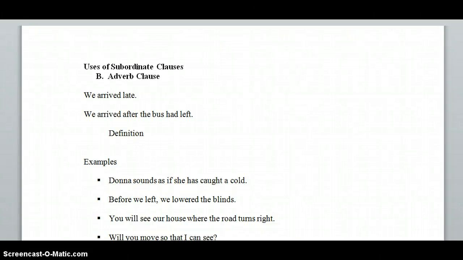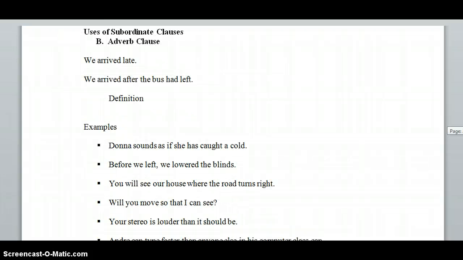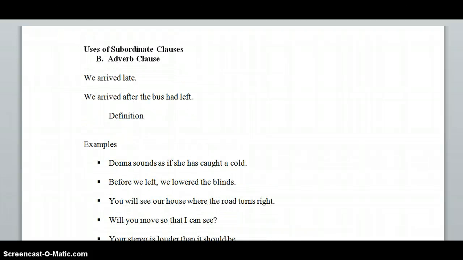Now, subordinate clauses can also act like adverbs, and they're going to do exactly the same thing that we expect adverbs to do. And so this is, by definition, a subordinate clause acting like an adverb.